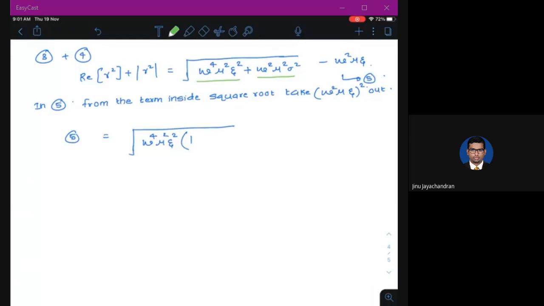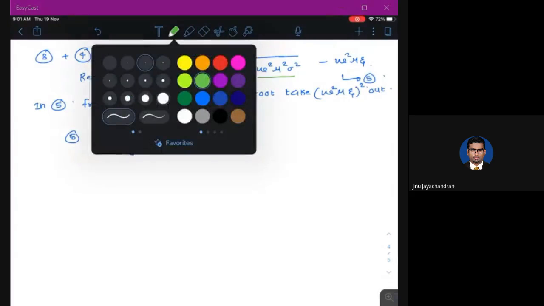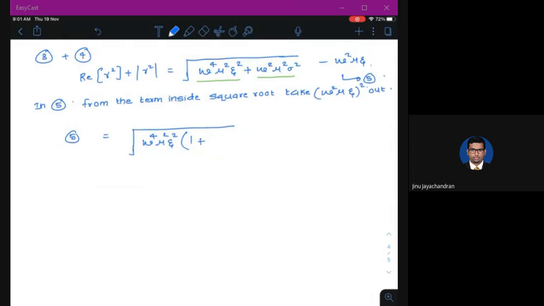you will have 1 plus sigma square by omega square epsilon square.